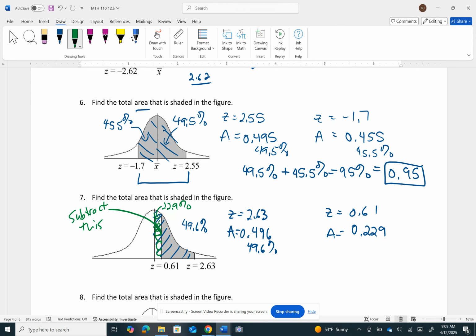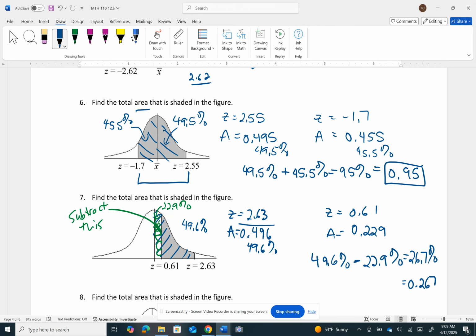And so that's exactly what we're going to wind up doing. So we're going to take the 49.6, which is from 2.63 all the way to the mean, and we're going to subtract the 22.9% from it. And when we do that, we get 26.7%. But it was in terms of area, so you would change that to or use the decimal 0.267.